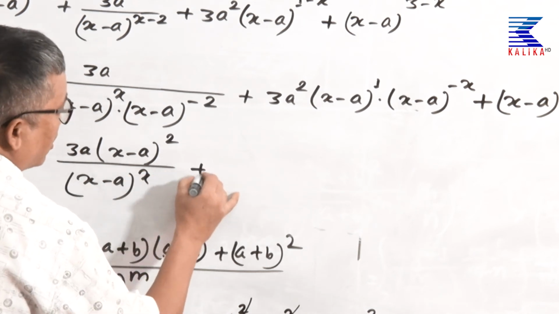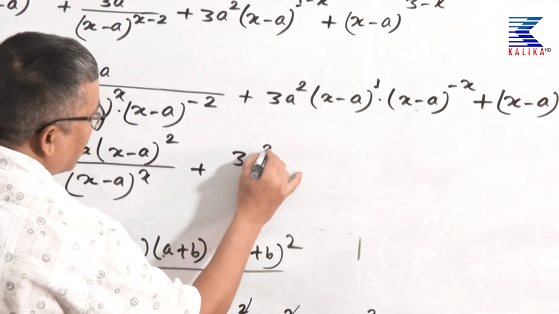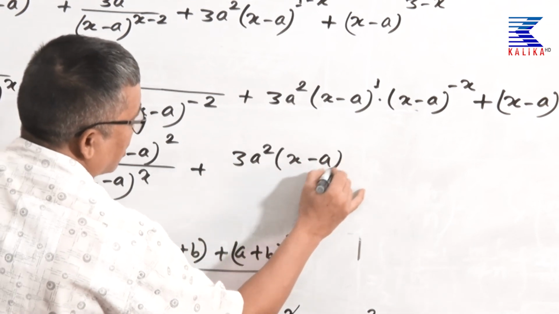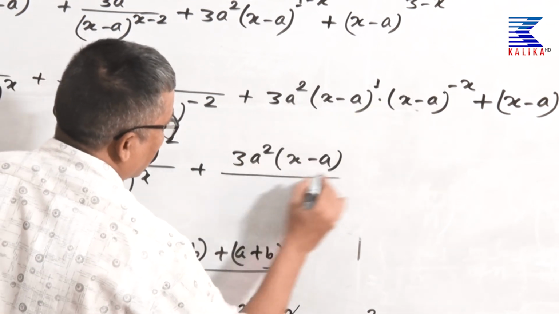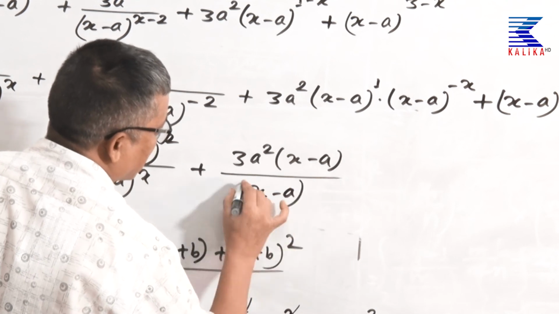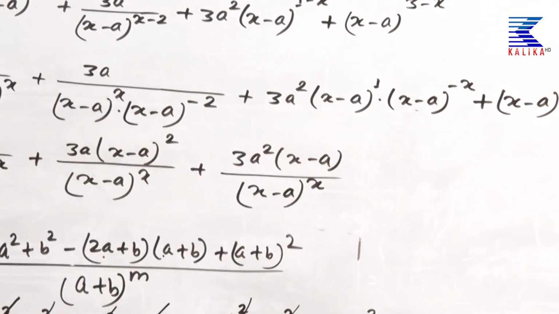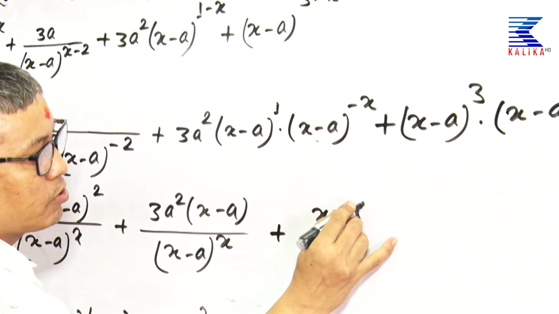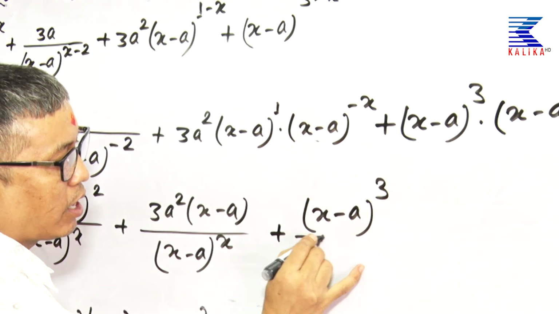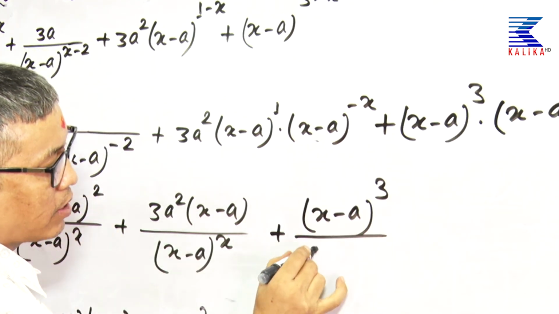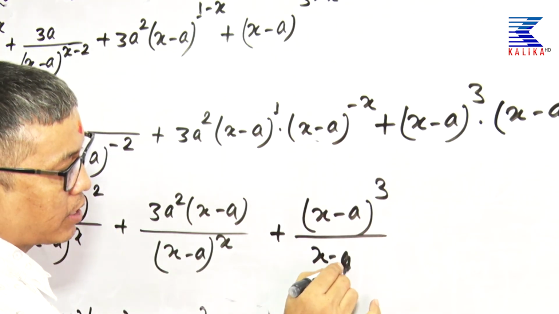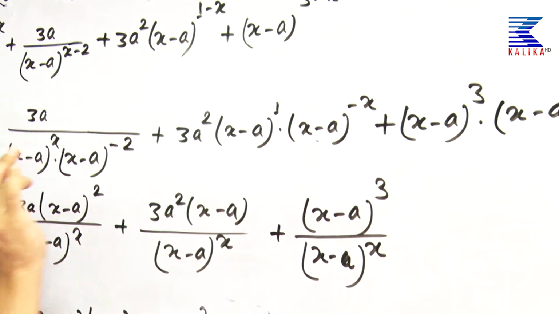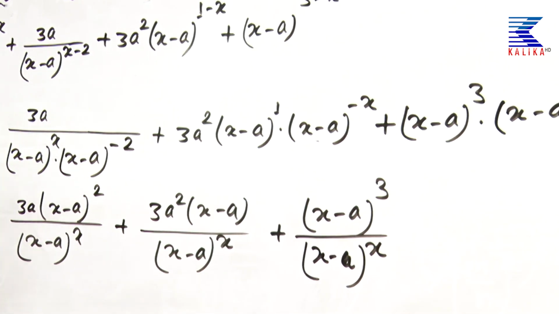No. Plus 3a square, (x minus a) power is negative, then it should be positive, (x minus a) to the power x, okay, plus (x minus a) to the power 3, and here also the power is negative, then it should be positive, then (x minus a) to the power x, okay. Any confusion there? No, no.